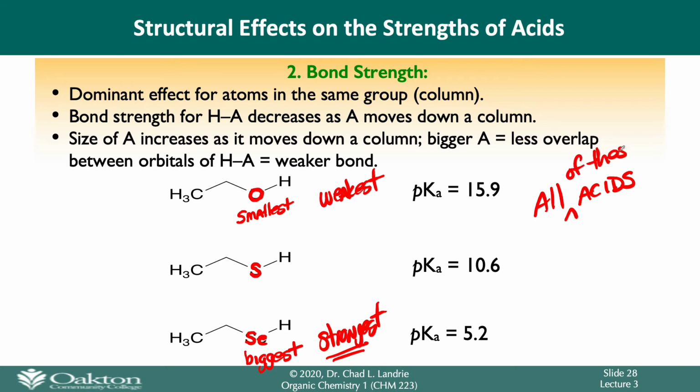All of these acids are weak. If we were to find the Ka for all of them, it would be 1 times 10 to the negative 15.9, 1 times 10 to the negative 10.6, and 1 times 10 to the negative 5.2. Those are pretty small Ka values. They're all less than 1. So this is always a comparison, not an absolute.